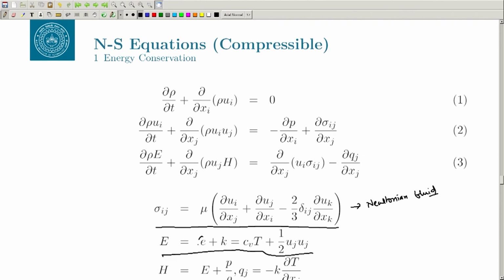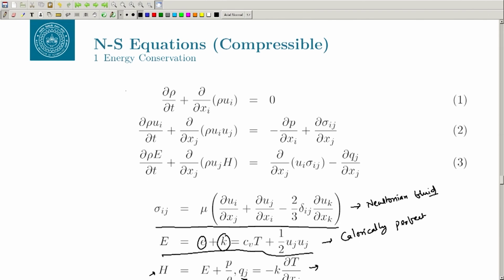So, it has got both internal energy as well as the kinetic energy, and for a calorically perfect gas we can write it like this, and H is basically enthalpy. You can also write in terms of E also, and this is the conduction term Qj.